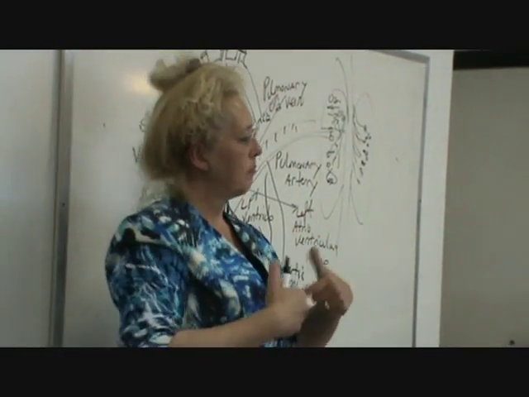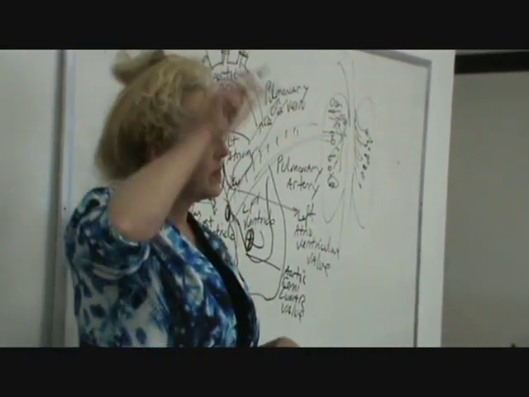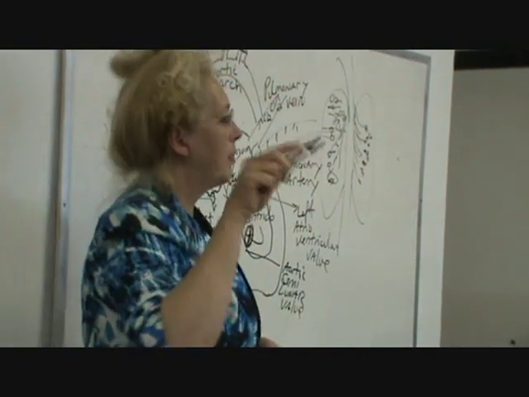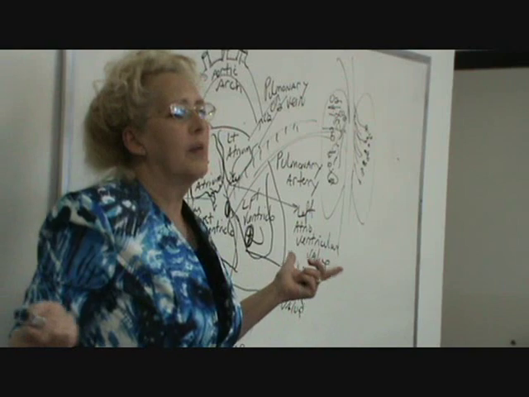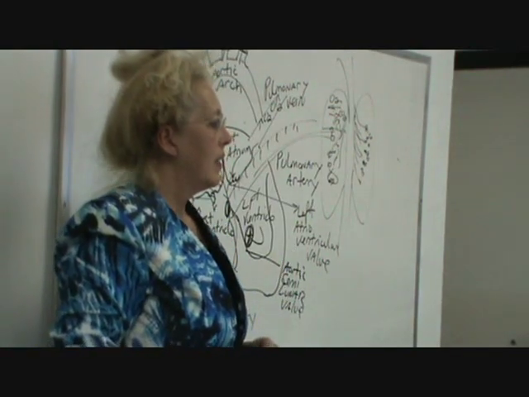If you see them put EKG leads on someone, and we turn the machine on, and you see those little markings on the EKG strip, you wonder, how is that happening? Well, it's electrical activity.